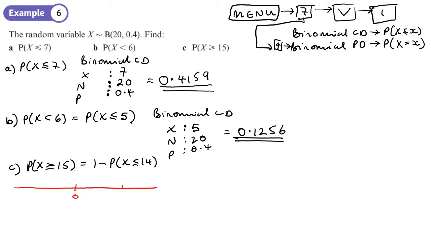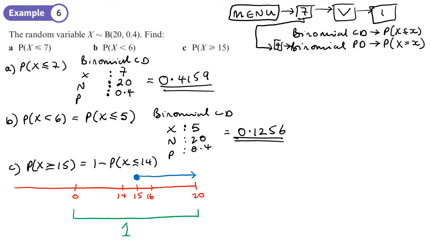Let's just do 14, 15, 16. Now this number line goes up to 20 because n is 20. And this question is saying, work out the probability from greater than or equal to 15 up to here. We know that all of these probabilities add up to 1.